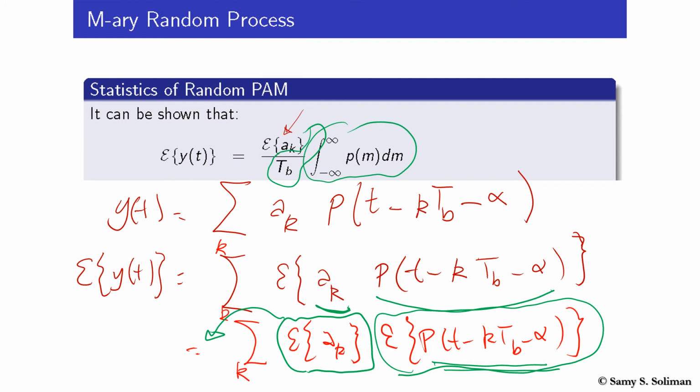Since p(t) has a duration from 0 to T_b, this integration can be reduced to integration from 0 to T_b, or without loss of generality we can keep it as an integral from negative infinity to infinity.